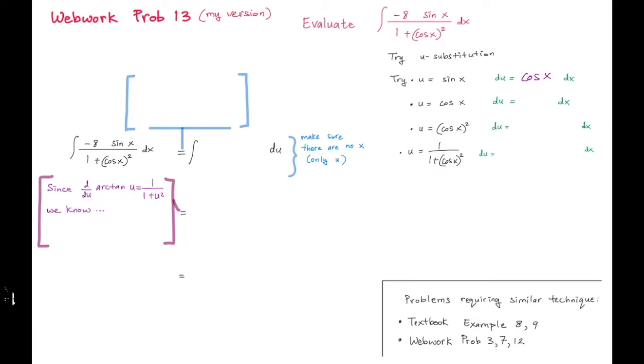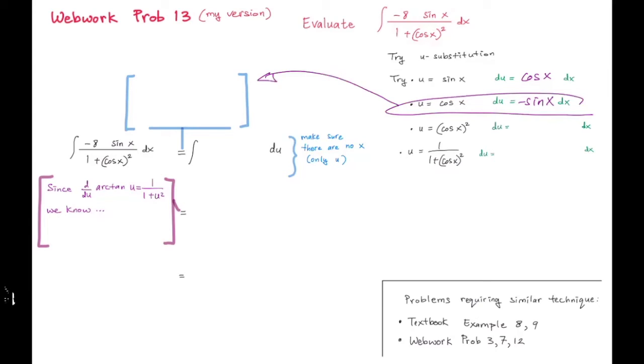But that doesn't look very helpful because then I'll still have this 1 plus cosine x squared. So let me try u being cosine x. Then du would be negative sine x dx. So that seems better. So let me try this.